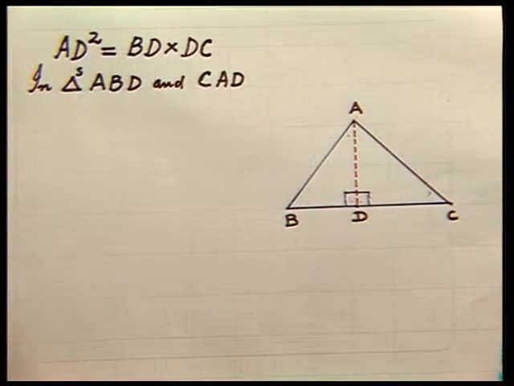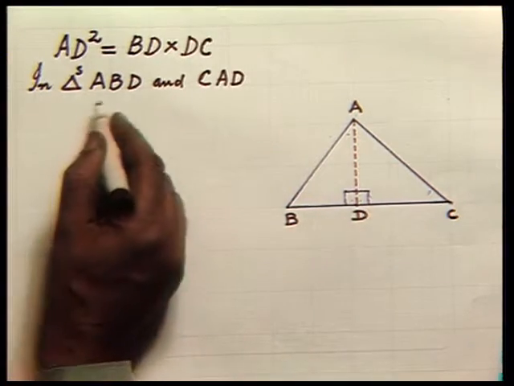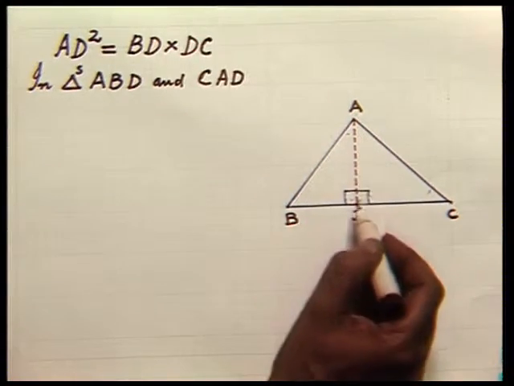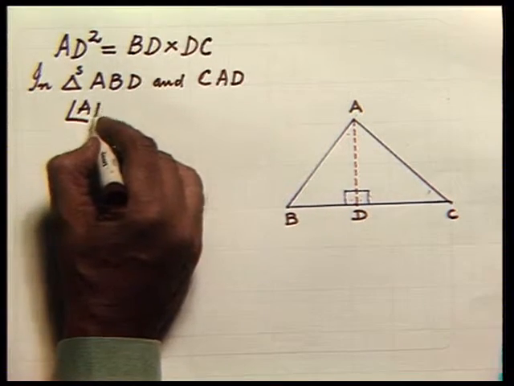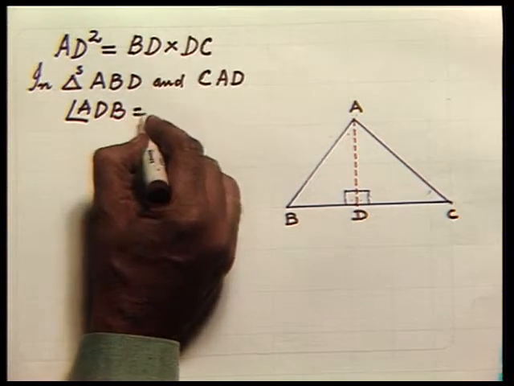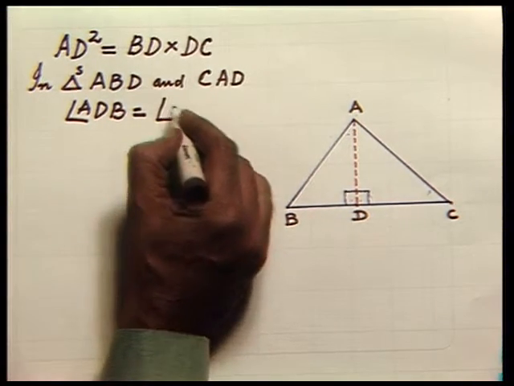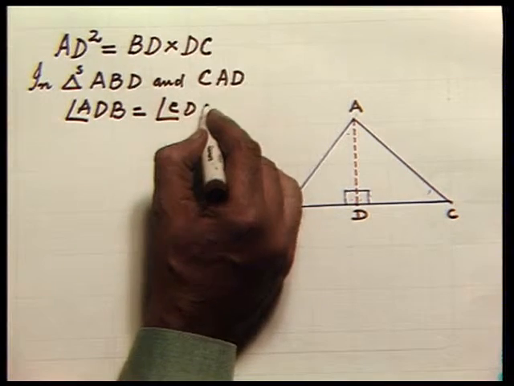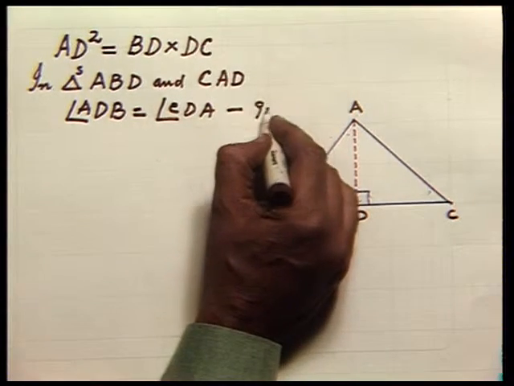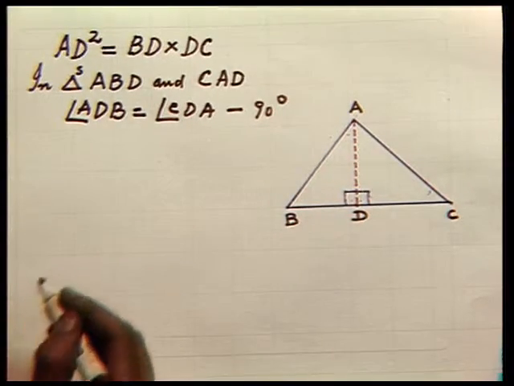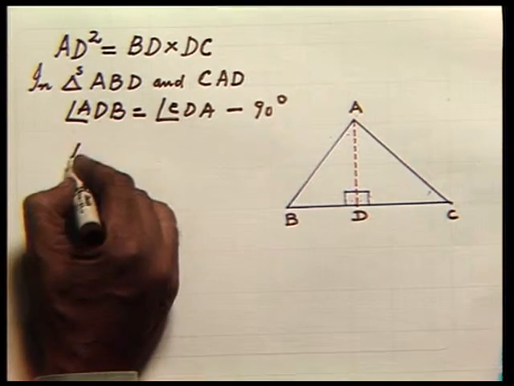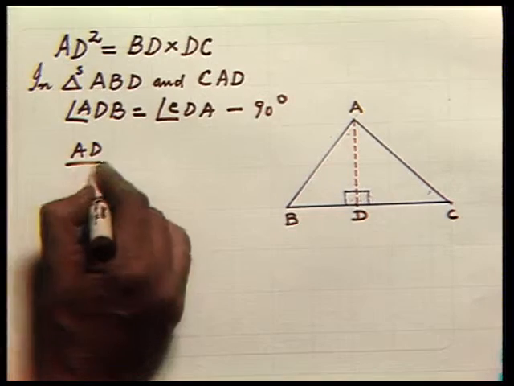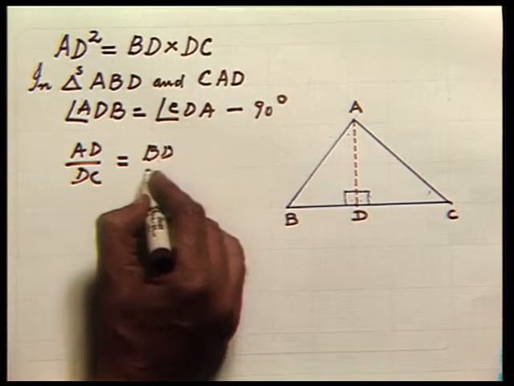So, if you look at triangles ABD and CAD, we find that angle ADB is equal to angle CDA, each being 90 degrees. We are also provided that AD squared is equal to BD into DC, and this result can be further interpreted as AD upon DC is equal to BD upon AD.